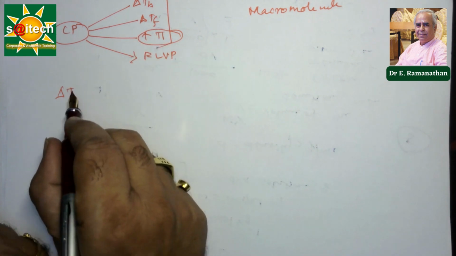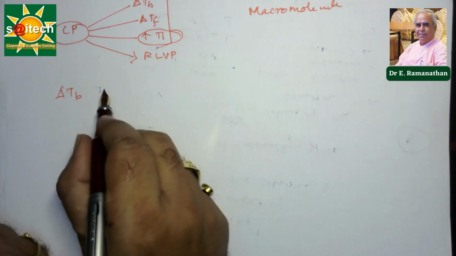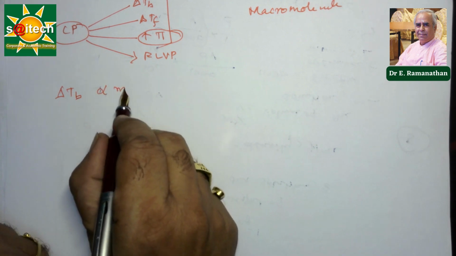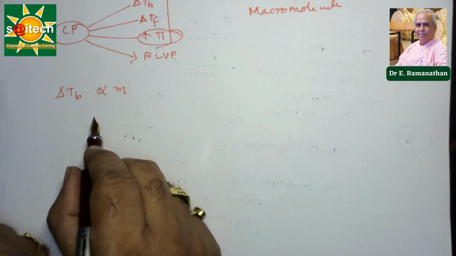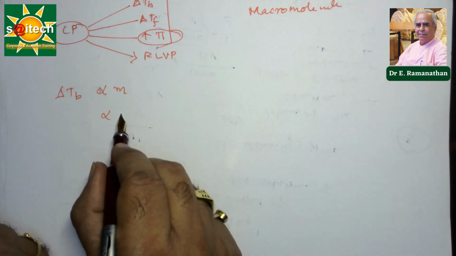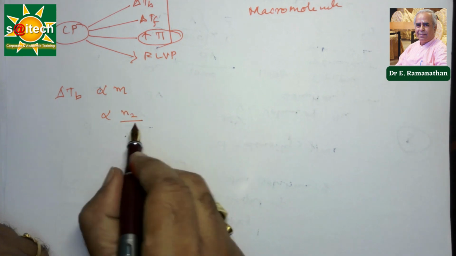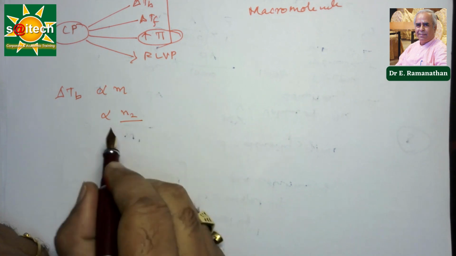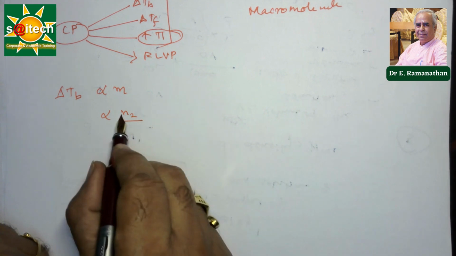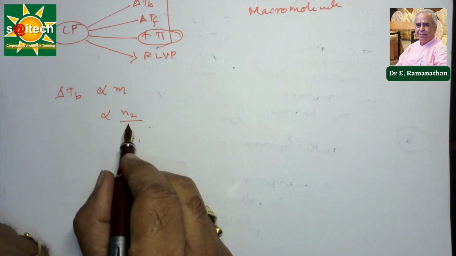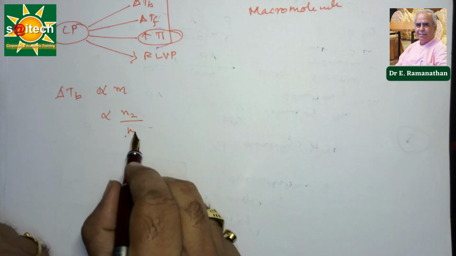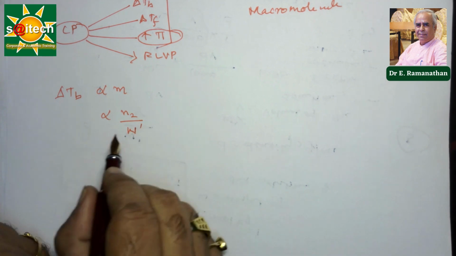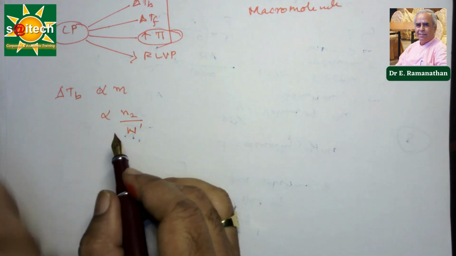Let me consider delta Tb is proportional to molality. That is, molality is the number of moles of the solute, where 2 represents the solute and 1 represents the solvent, divided by the weight of the solvent. Is it clear? Right.